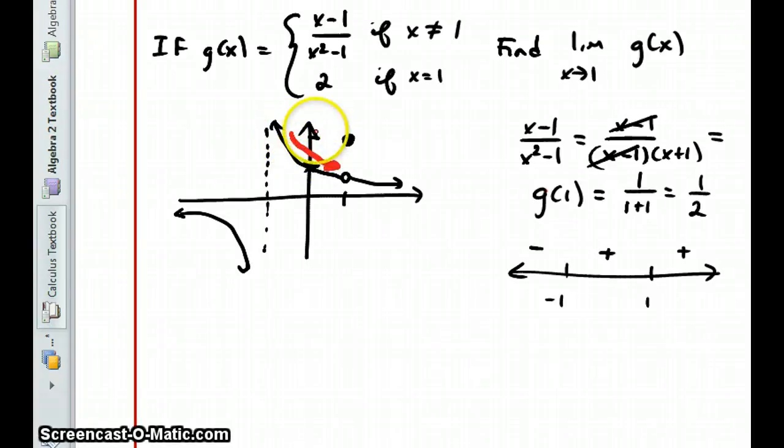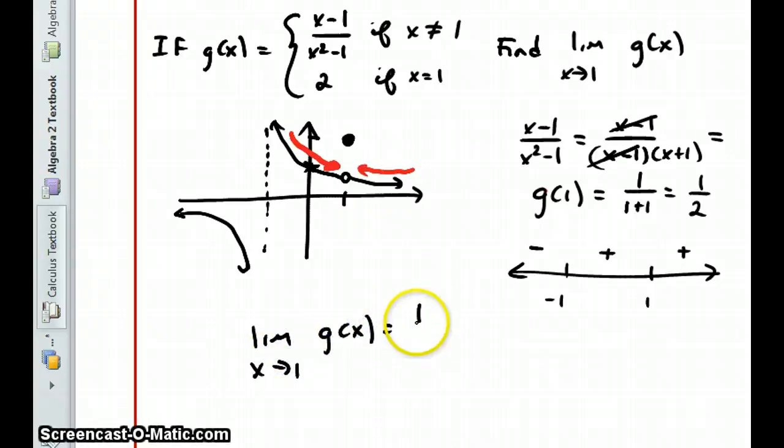So we can see in this direction we're approaching the value 1/2, as well as in that direction we're approaching the value 1/2. So although there's a break in the function and it's defined at (1, 2), the limit as x approaches 1 of g of x is still this value 1/2.